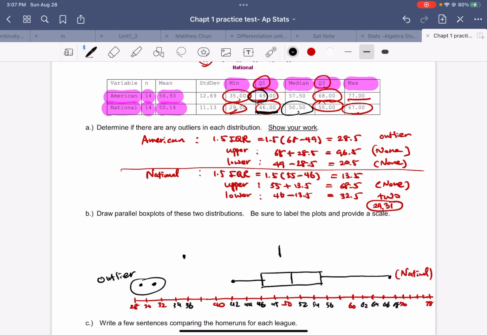So somewhere here you can draw. And then median is a 57.5. So this one 58, 57.5 around here. Now quartile 3 is a 68. 68 right here. So you can draw.